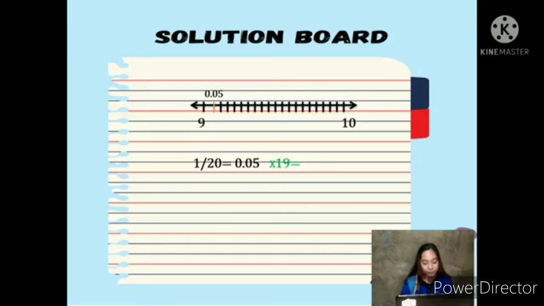So, 0.05 times 19 is equal to 0.95. Then, i-add natin ang number 9. So, plus 9. Kaya naging 9.95.